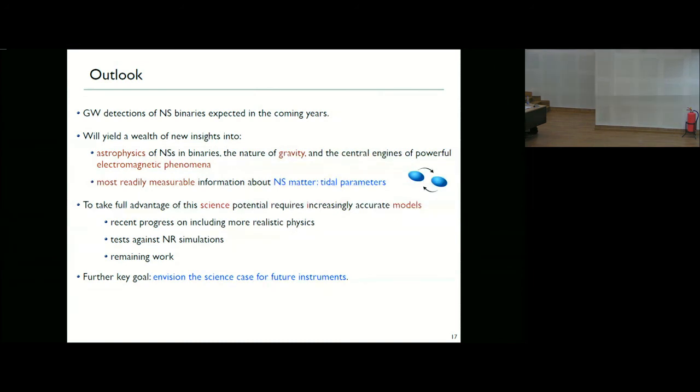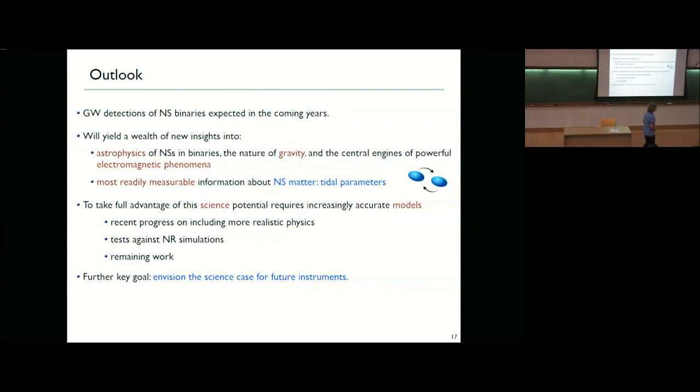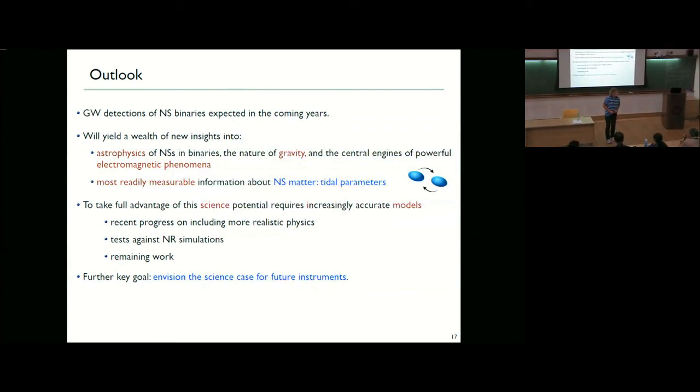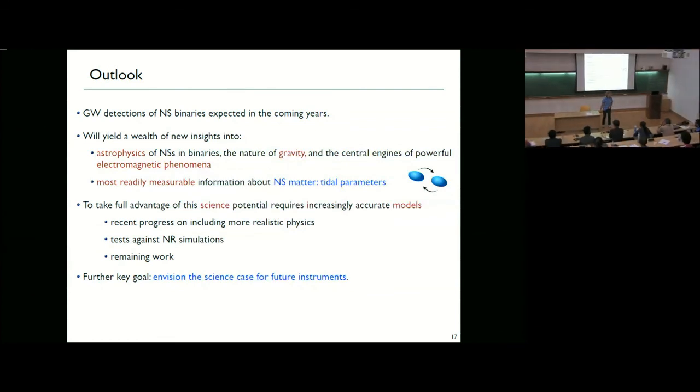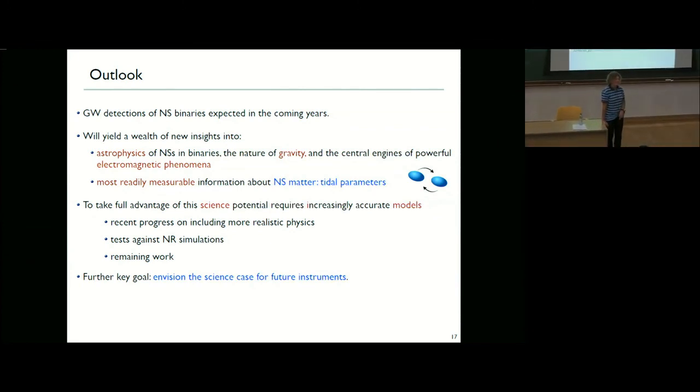Detection of a neutron star binary. Yay! So within advanced LIGO itself, do we expect to see the tidal things there? No. One needs a signal-to-noise ratio of around 25 to see those. We have to wait for the third generation.